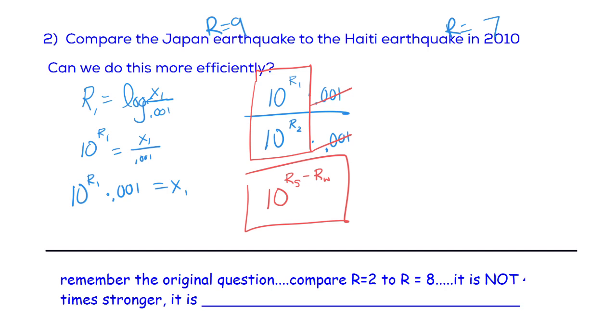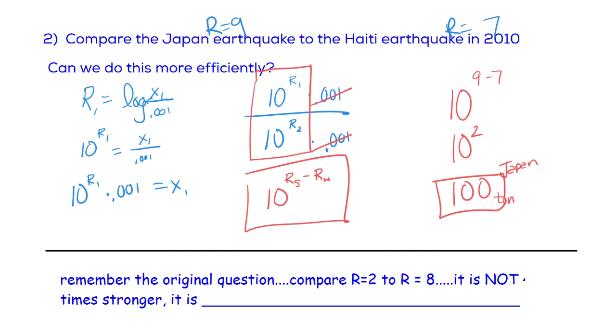So in this case, if I was doing the Japan and Haiti earthquake, I don't have to go through it like I did on the previous one. All it really is is 10 to the 9 minus 7, which I wouldn't do that next time. I'm just showing you here. Oh, okay, it's 100 times stronger. That's what that means. So I should say that Japan is 100 times stronger.